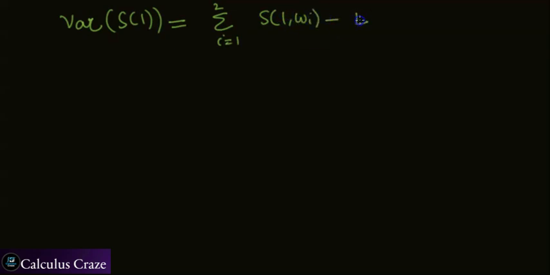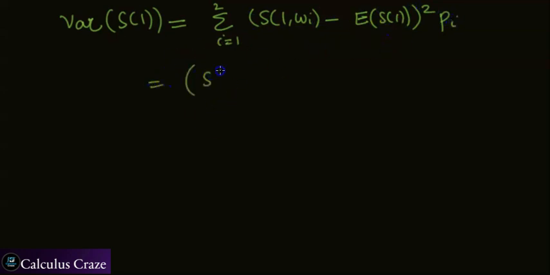Recall the formula for the variance. The variance of S of 1 is equal to the summation i equal to 1 to 2, because n is 2, of S of 1 at omega i minus the expected value of S of 1, all of this squared, times p sub i, right? So I can expand this.